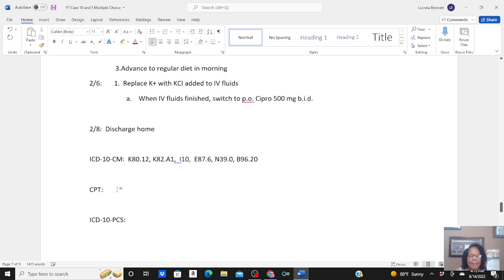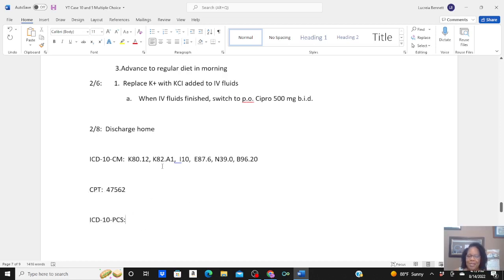Okay, and then she had a laparoscopic cholecystectomy, which is 47562. And then I'll leave it for those that are doing ICD-10-PCS. I started to put it on here, but I'm not because I teach for the CPC exam, which does not teach ICD-10-PCS. But PCS, remember, is for facility reimbursement.